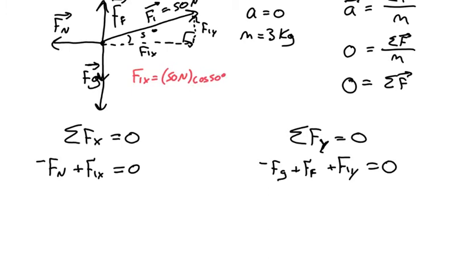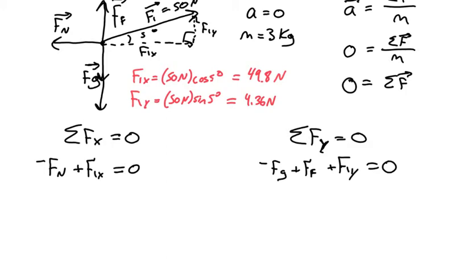Whoops. Not 50 degrees, but 5 degrees. Okay. And that F1y is equal to 50 newtons times the sine of 5 degrees. And so that's going to give me values of 49.8 newtons for the x and 4.36 newtons for the y.